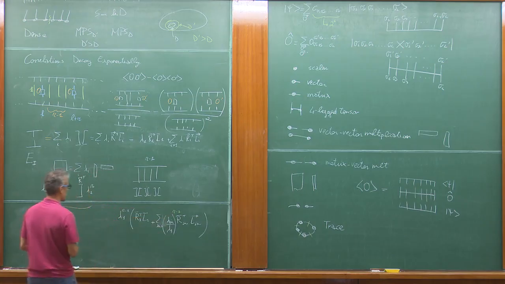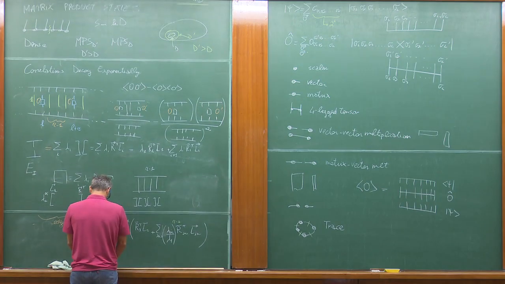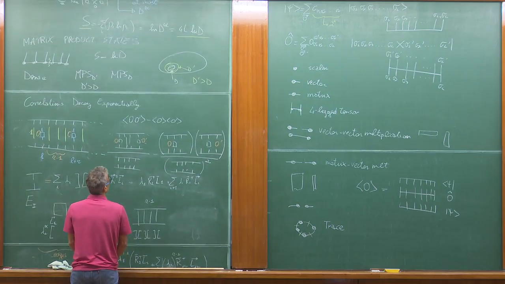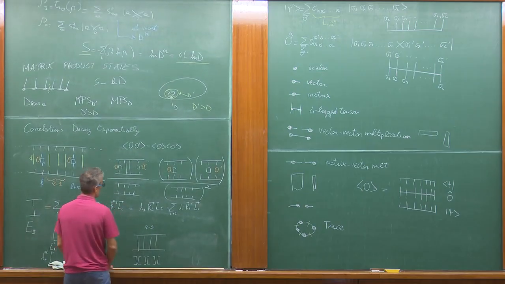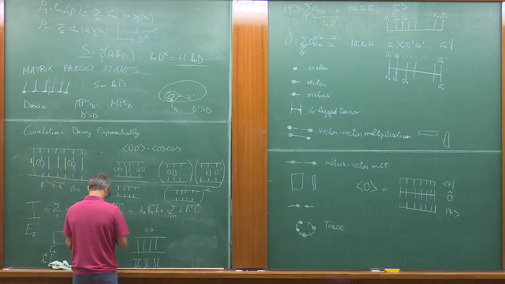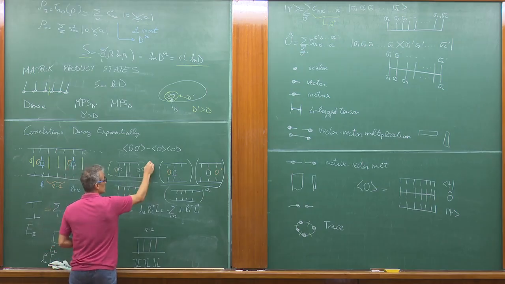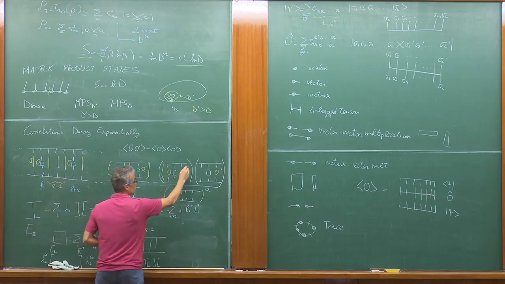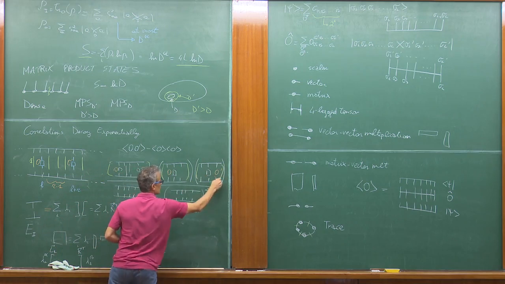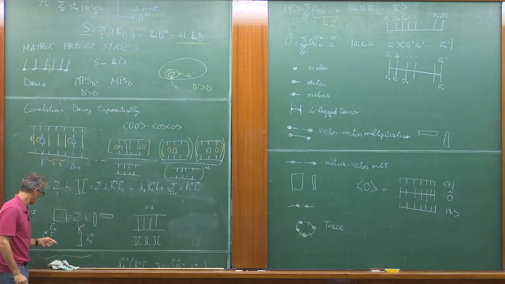So, can you please repeat the strategy? Yes. I want to decompose this calculation in various pieces. I will have whatever is outside here, which is the same for everyone, which is given by the dominant term.